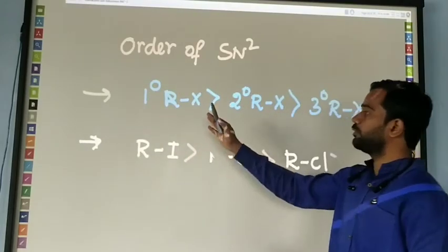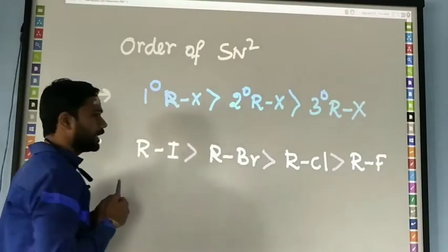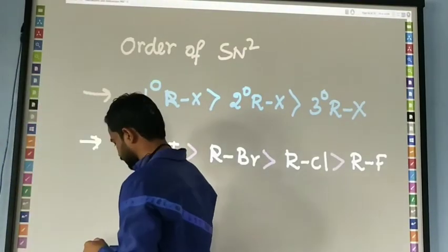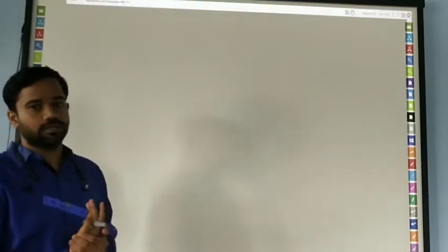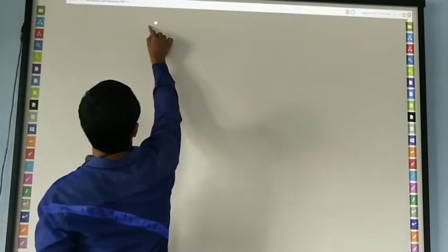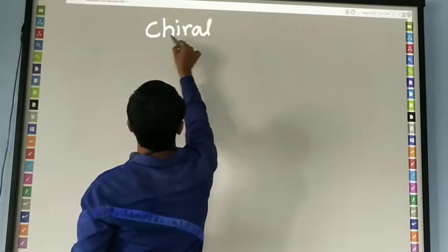We already know the order of SN2 follows like this: SN2 follows primary, secondary, and then tertiary. Before taking the next example, let me consider a term known as chiral, or chirality. I think you know this one.